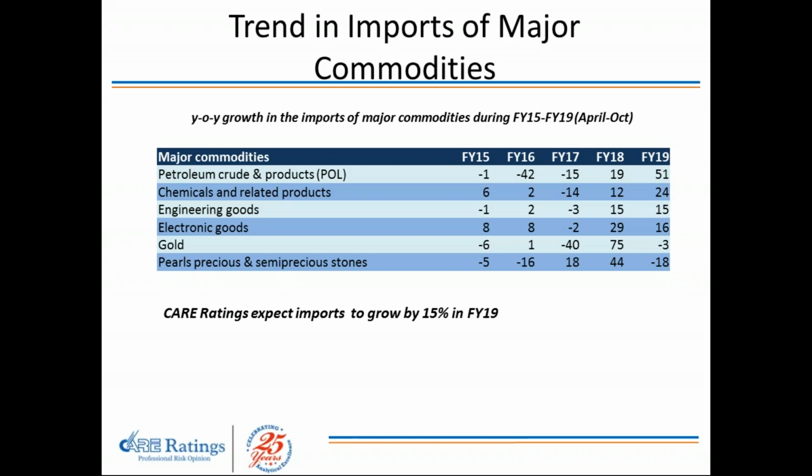Imports of gold and precious metals, however, declined during April to October compared with the corresponding period last year. Gold imports declined by 3% during FY19 over a 75% growth in the comparable period a year ago, and precious metals imports contracted by 18% over a 44% growth last year. Care Ratings expects imports to grow by 15% in FY19.